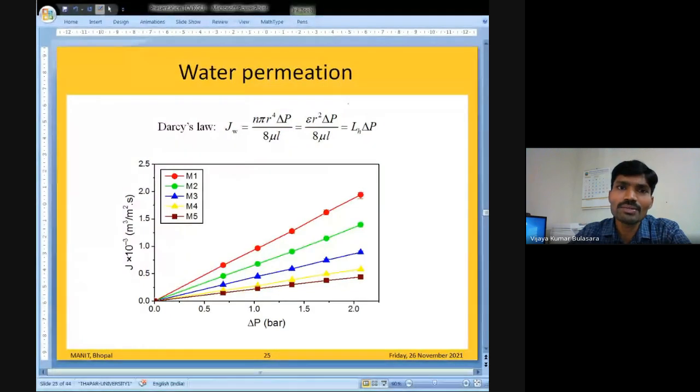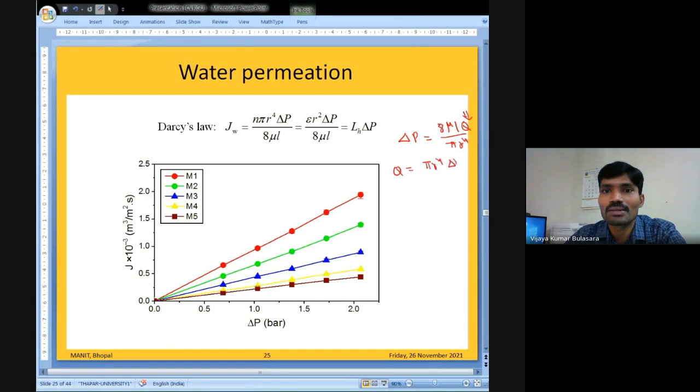So if we consider only a single pore, then delta P is related as 8 mu L into Q, that is volumetric flow rate, divided by pi r power 4. When you rearrange the terms, you get Q equal to pi r power 4 delta P divided by 8 mu L. This comes from the Hagen-Poiseuille equation for a single cylindrical pore with constant cross section.